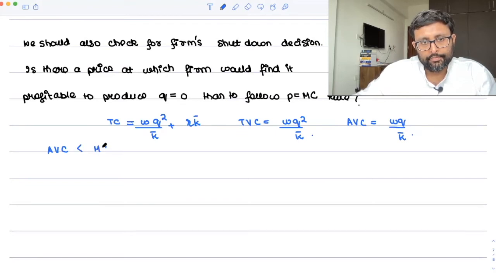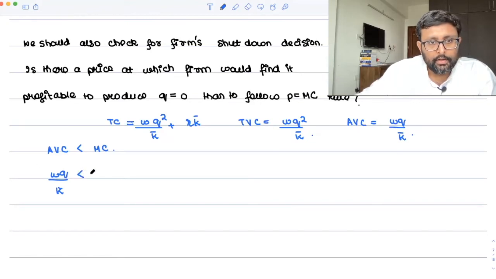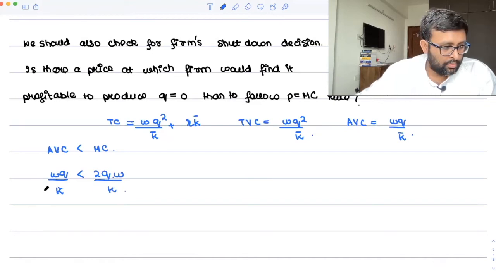this MC? By comparing AVC and MC, I'm getting that AVC is less than MC for all levels of Q greater than 1. So AVC is WQ upon K bar. MC is what? MC is 2WQ upon K bar.